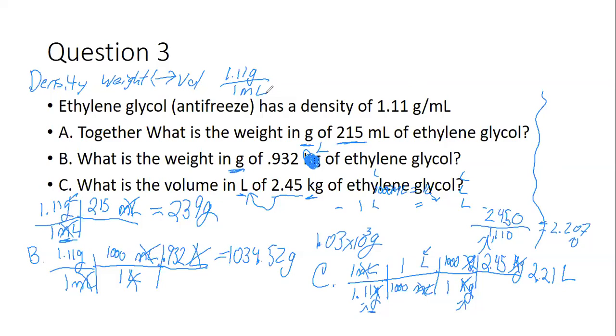Moving forward, and I was going to bring this up in Sig Figs, but I can say that as well. For any calculation that we do in chemistry, you have to give the answer in the correct Sig Figs. If you don't, I will mark points off. So if on the test I gave you C and you gave me 2.207 back, that is technically wrong.